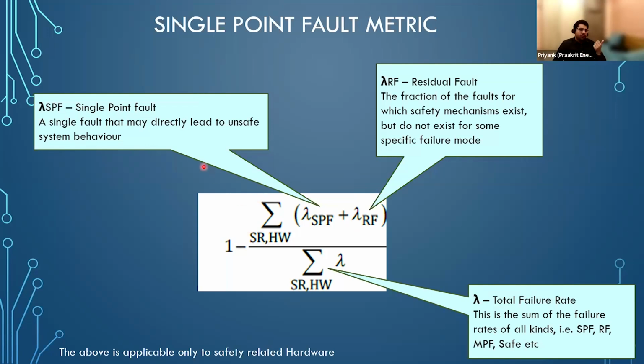Remember, we're talking about random hardware fault metrics, which are in the scope of part 5. So if you're building hardware for regenerative braking systems, you need to achieve a coverage of 90% for ASIL B for SPFM. And the SPFM is the proportion of the faults covered by the safety mechanisms. This is the SPFM.